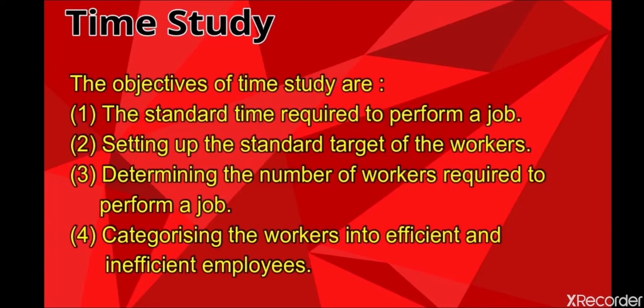When they are not efficient, how will they complete the task? They will never be able to do it. So it is necessary to have a combination of efficient and inefficient employees while giving them any target or standard of work. Clear?